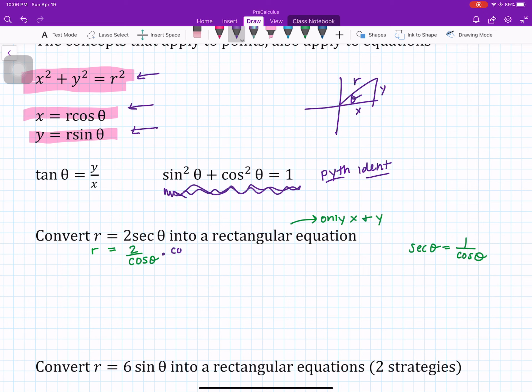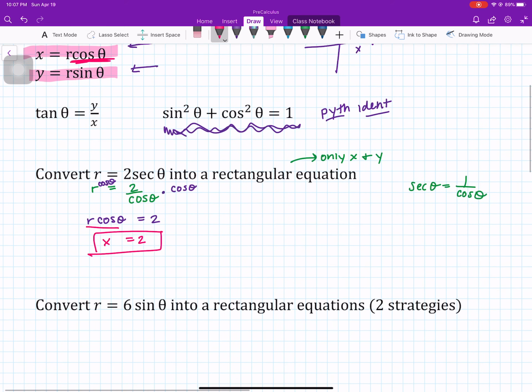Because I don't like fractions, I'm just going to multiply both sides by the cosine of theta. And actually something helpful happens when I do that. Notice r cosine of theta. R cosine of theta is x. So this equation is just x equals 2.